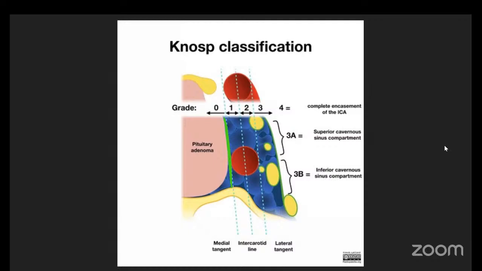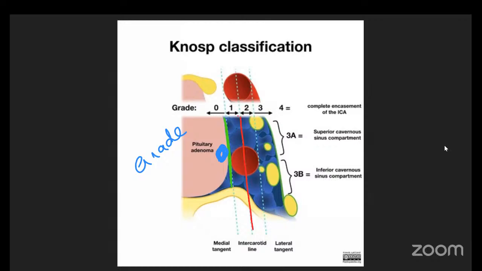It's the medial tangent line, right? The green line is the medial tangent line. So any lesion that is medial to this is what grade? Grade 0. Okay. When this line is crossed, let me draw the second line.